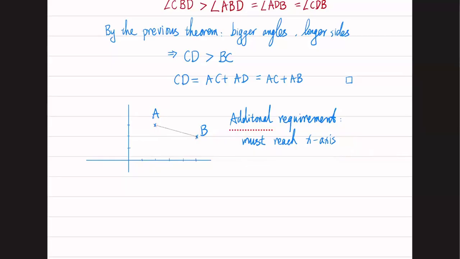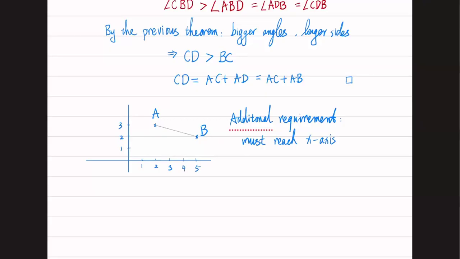What path would you pick? I don't know. You don't have to be optimal, any path. I would just go that way.